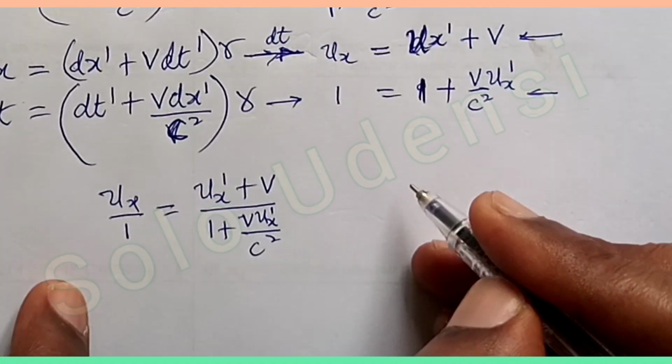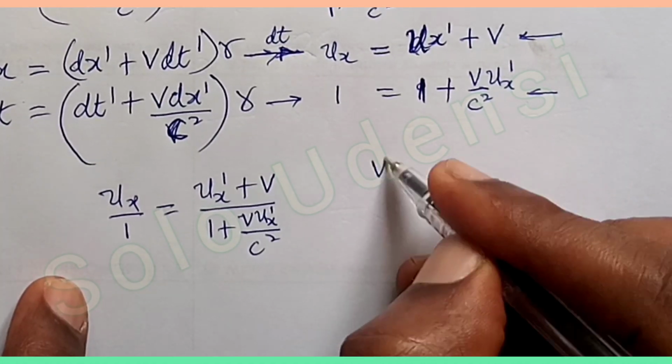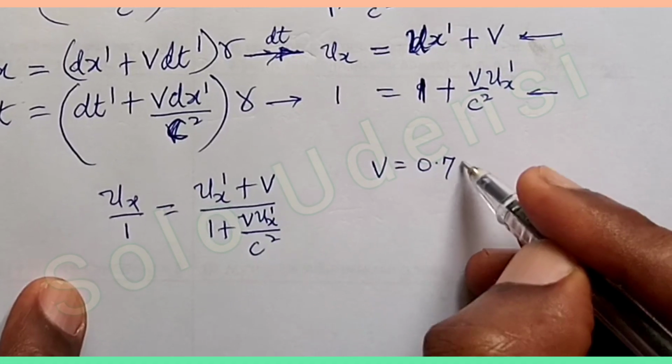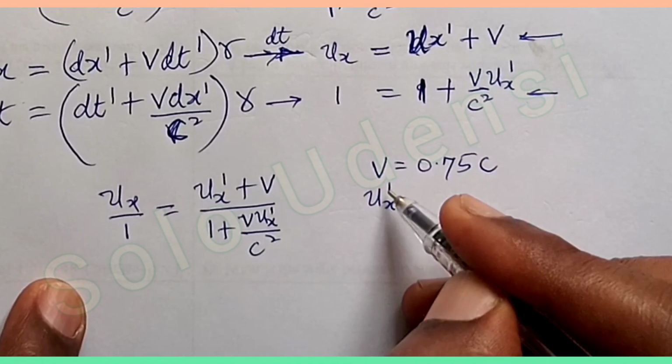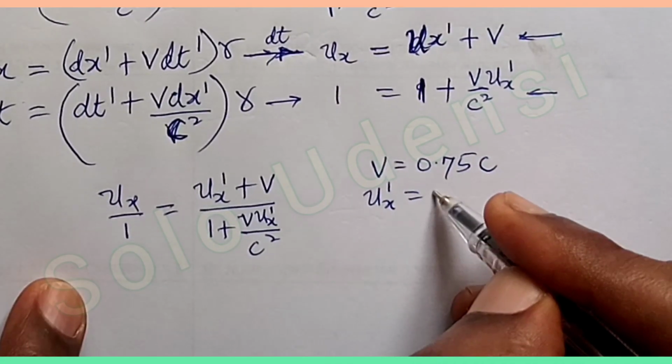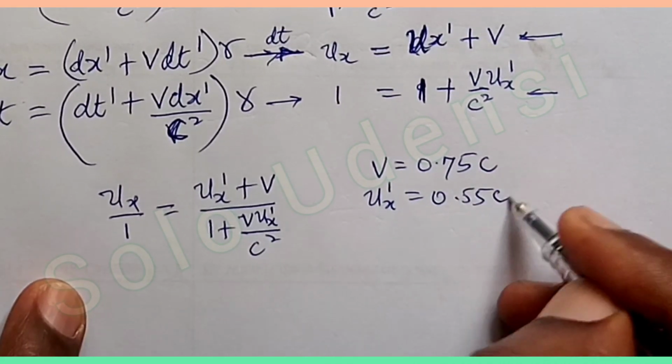So from our problem, v is equal to 0.75 c, while ux prime is equal to 0.55 c.